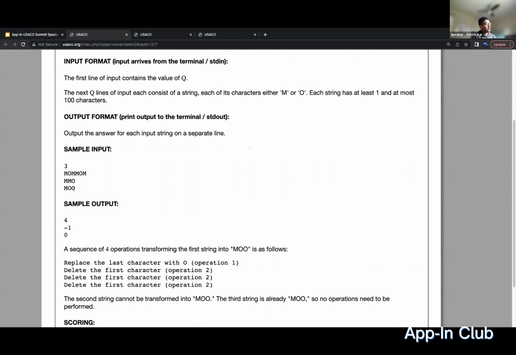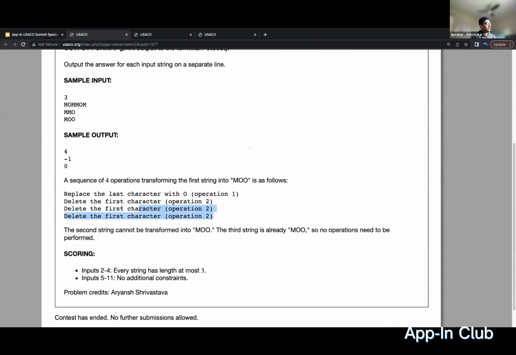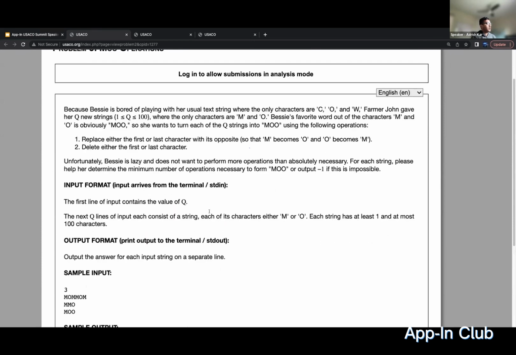For this string over here, it's already MOO, so there are 0 additional operations. And for this one, they've listed the operations that can be performed: replacing the last character with O, and repeatedly deleting the first character. That will get you to the desired string in 4 operations.